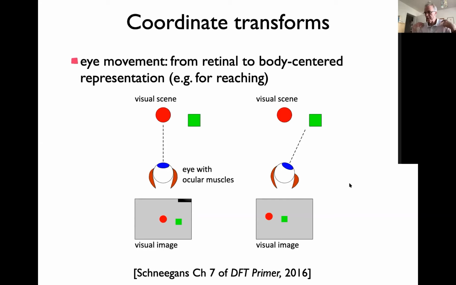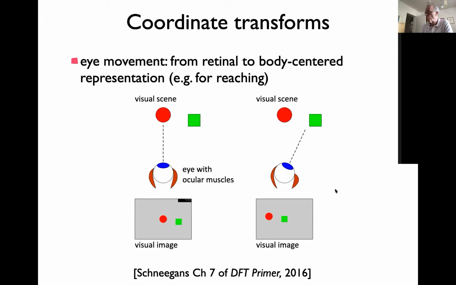And the other thing is really the body. The arm is attached to the body, so for reaching, it's important where the body is. You don't have an arm attached to your retina, right? That's exactly the problem. And so you need to extract the information that is invariant under gaze. You can reach for an object and look at different locations in space and still reach correctly.